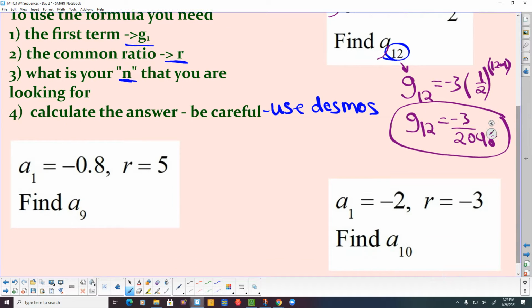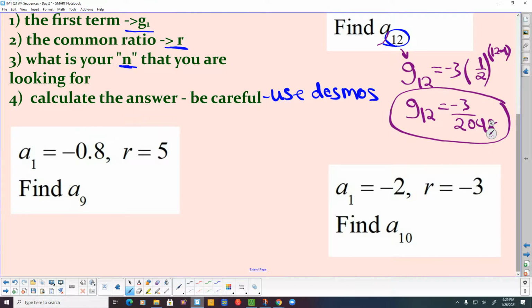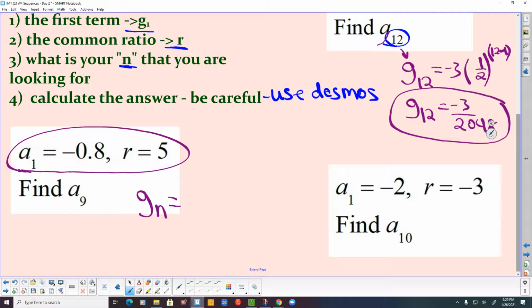All right, maybe I'm just going to look at one more, this one here, because we're running out of time. Be able to write it. Gn equals negative 0.8 times 5 to the 9 minus 1. Let's go to Desmos. Negative 0.8 and 5.